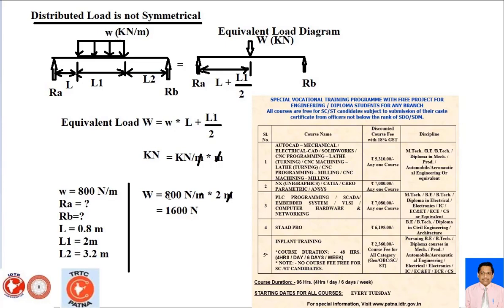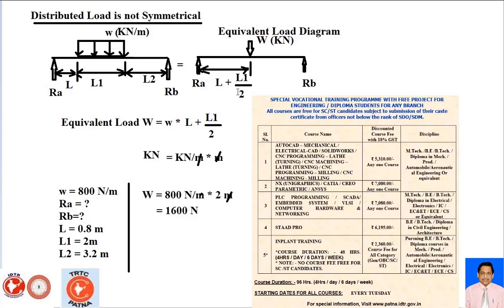The load distribution runs over 2 meter, so L1 is 2 meter. The location of the equivalent load is 1 meter, at the centroid, from here to here the center is 1 meter from the left end of the distributed load. So it is 1.8 from A. L plus L1 by 2 is 1.8.